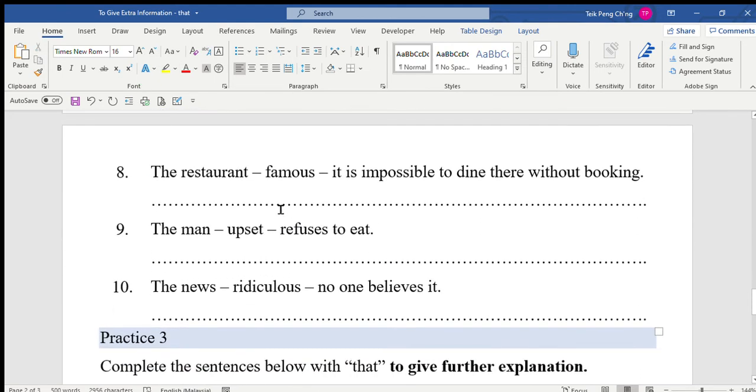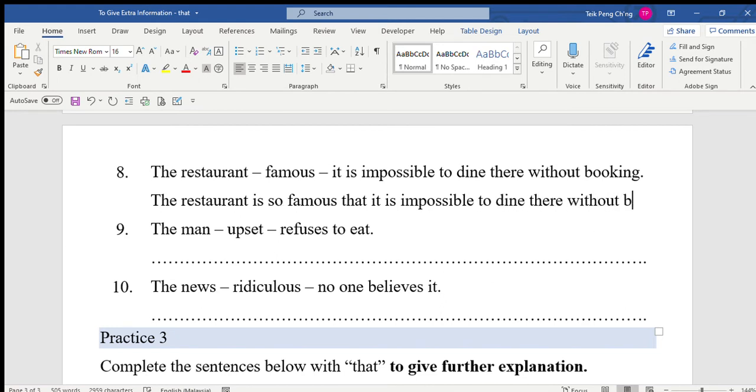Okay, number 8, the restaurant is so famous. How famous is the restaurant? So you want to tell me the extent of its fame. So you use the word that it is impossible to dine there without booking.